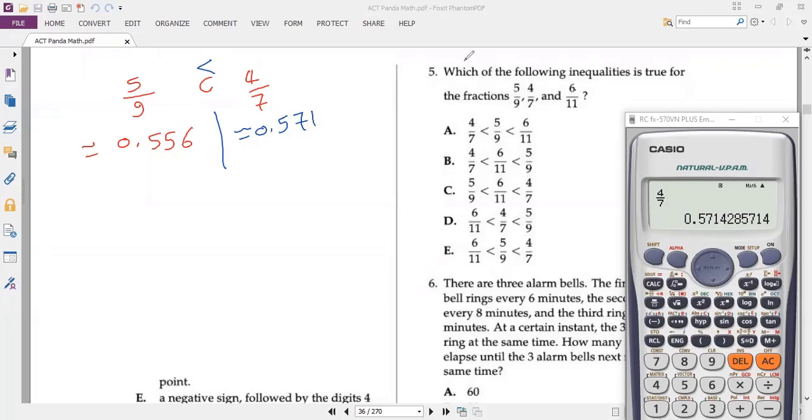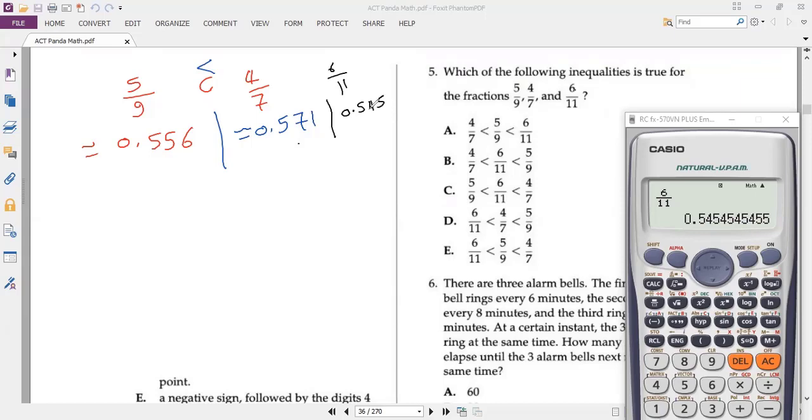Last one, which is 6 over 11. So it's the biggest one, I think, here. We have a winner, which is 6 over 11. No, not the bigger one. The bigger one is here. This is the smallest one.